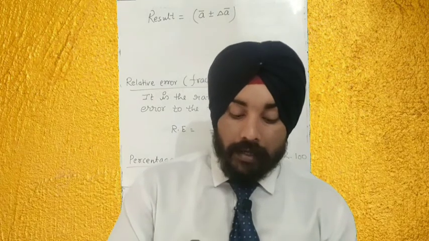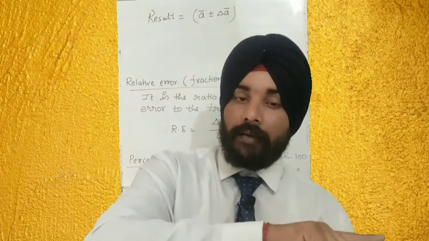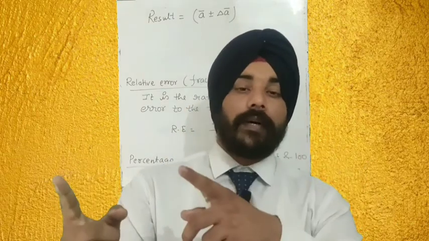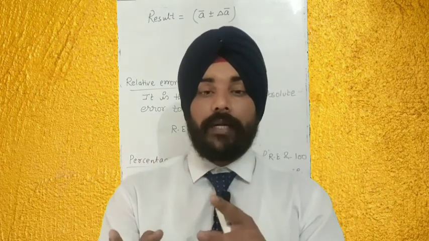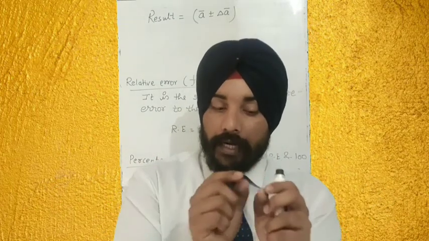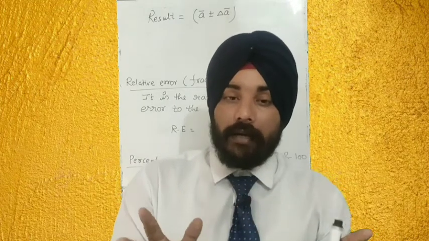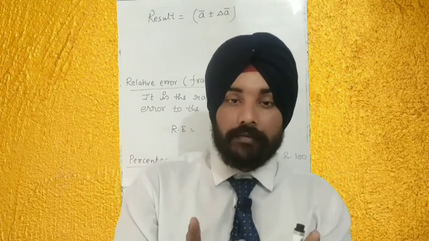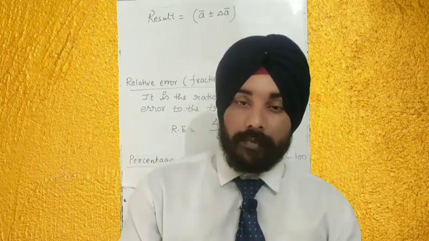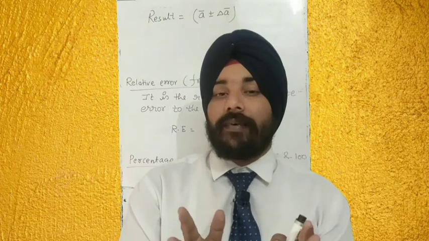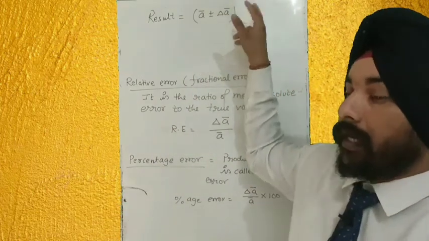That means its focal length can vary from 9.5 to 10.5. Clear? It will not be exactly 10 centimeter because nobody can make things accurate. There will be slight variation in the instruments, and this slight variation we show with the absolute error.